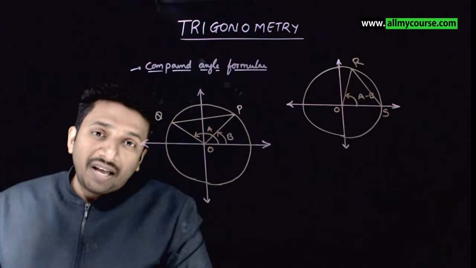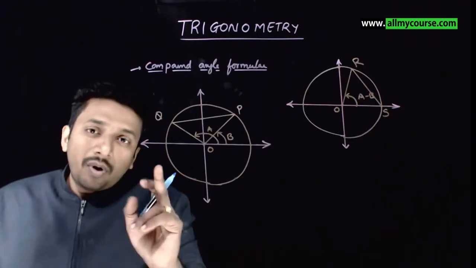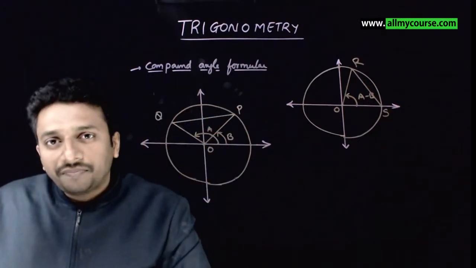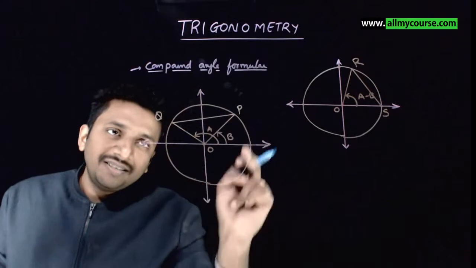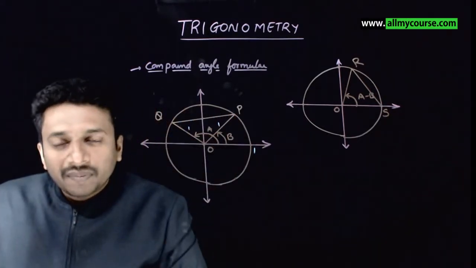So let us try to derive the formulas for compound angles. To do that, we take a unit circle centered about the origin. So let us consider that this is a unit circle, that is, the radius is equal to 1.